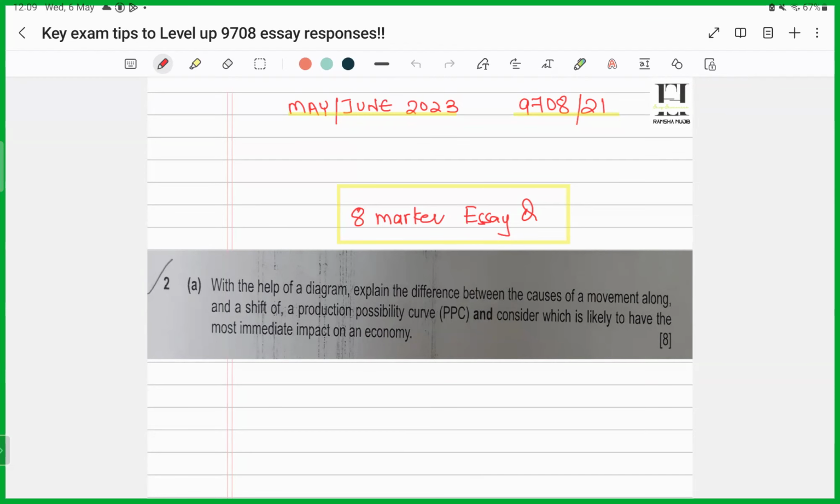Well, today I brought for you all some key tips to ace your 9708 paper 2 essay responses. Today I brought for you all May June 2023 9708 variant 21. We'll be looking at a question from section B, and at the responses written by a candidate.